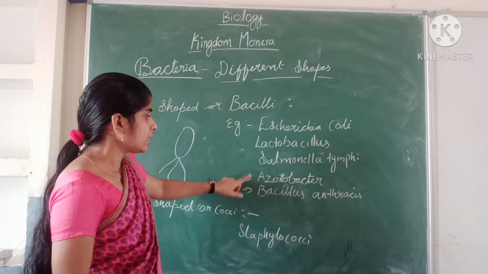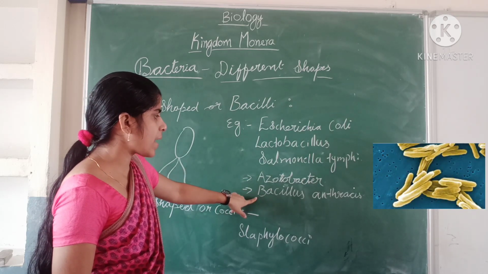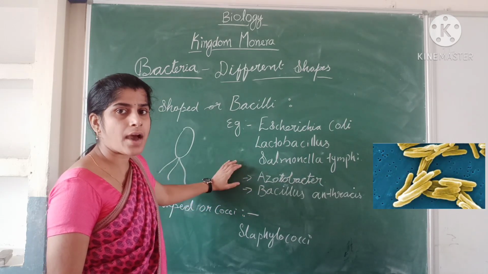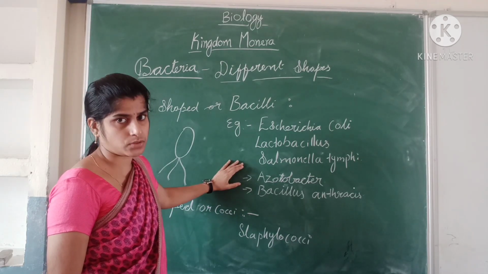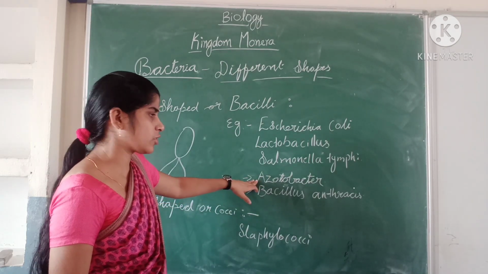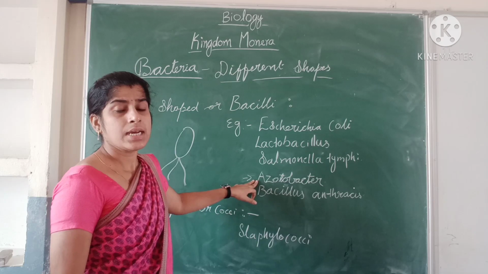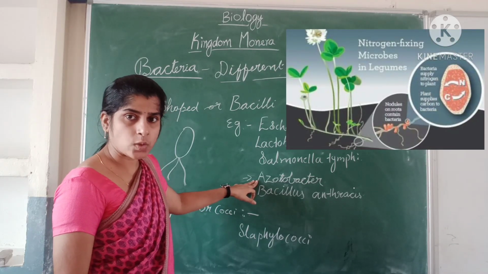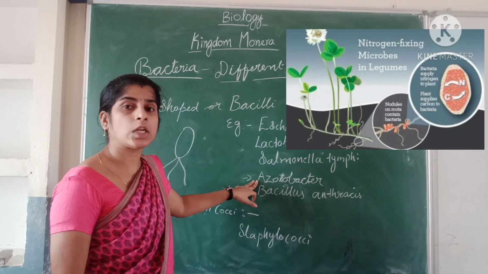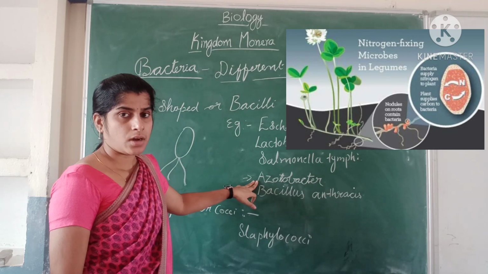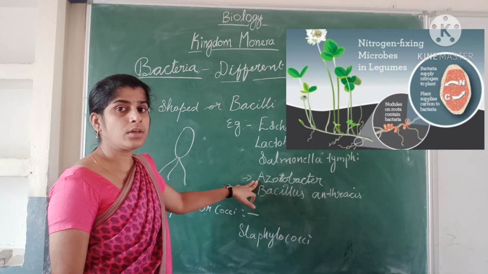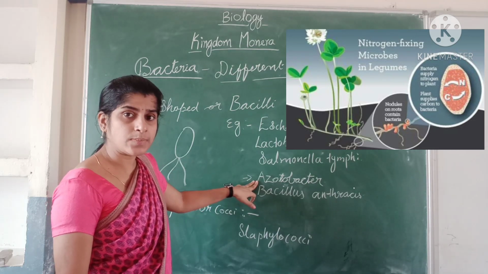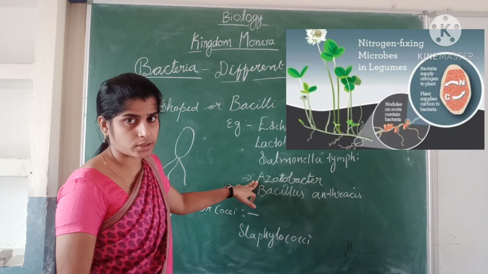And Acetobacter and Bacillus anthracis may form chains. These Acetobacter and Rhizobium bacteria are present in leguminous plants, on the root nodules, and this helps with nitrogen fixation.